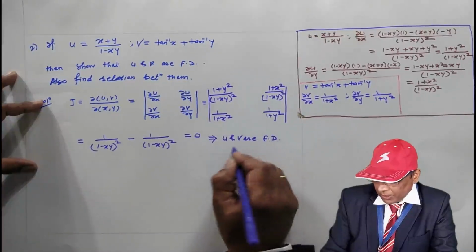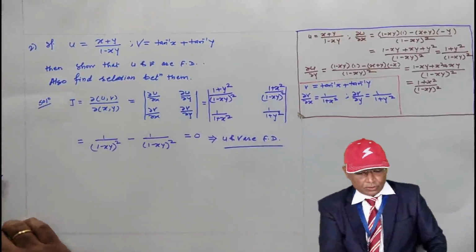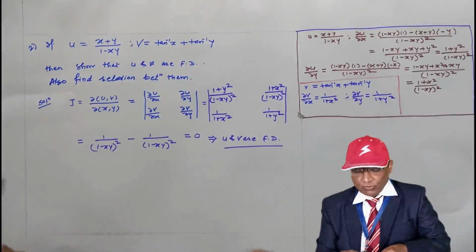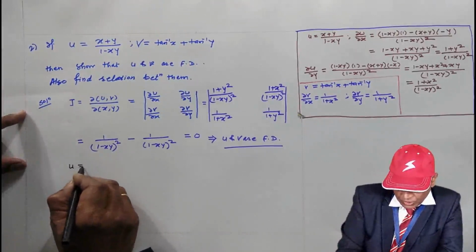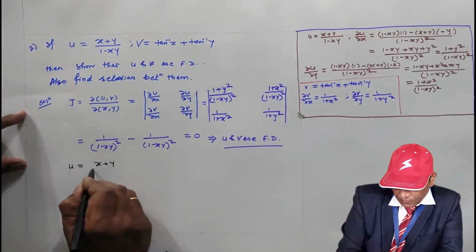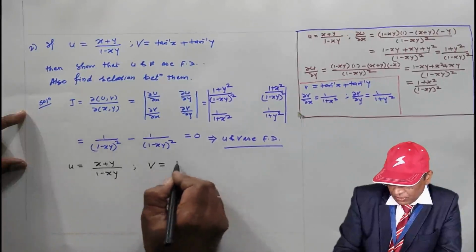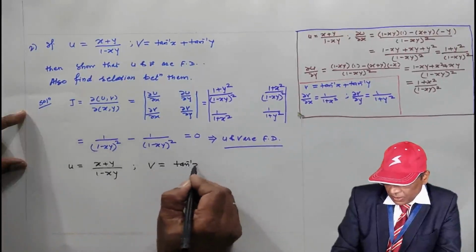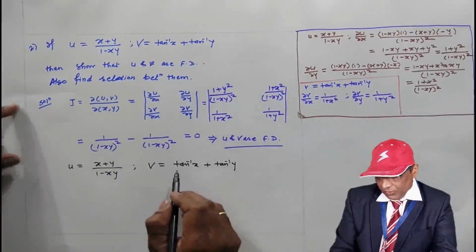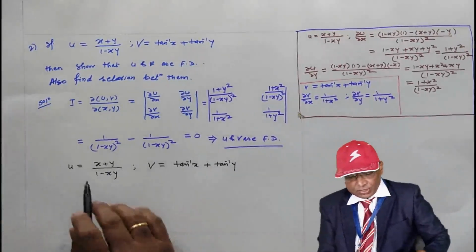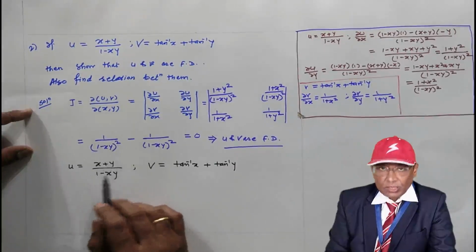If u and v are functionally dependent, then you don't waste time finding a relation between them. Now for the relation, u is given, and v is given to you. But here v contains trigonometric functions and u is only an algebraic function.